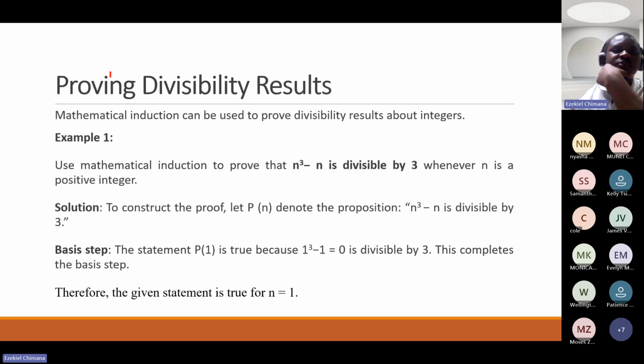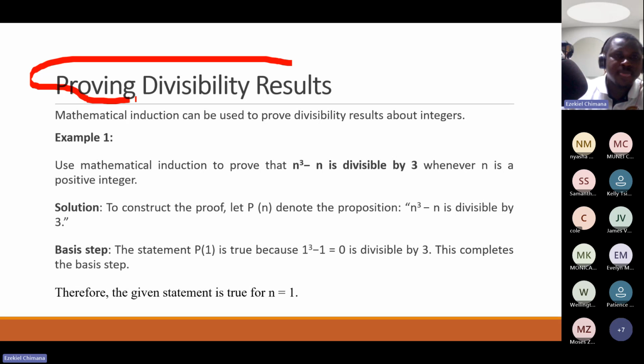So let's look at proving divisibility. When you want to prove using mathematical induction, those ones which you'll be asked to show that it is divisible by a certain number.